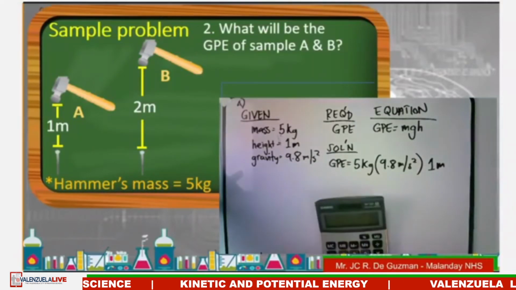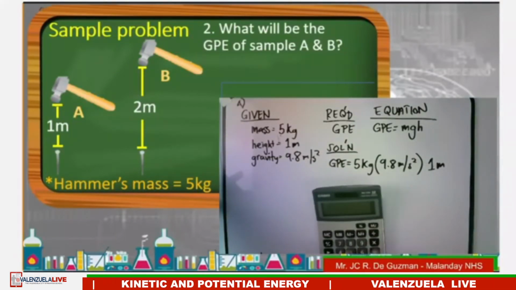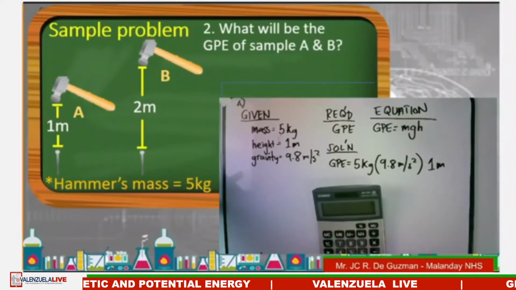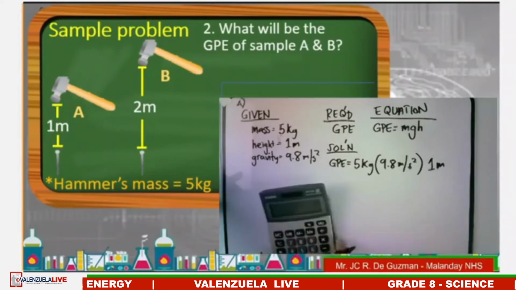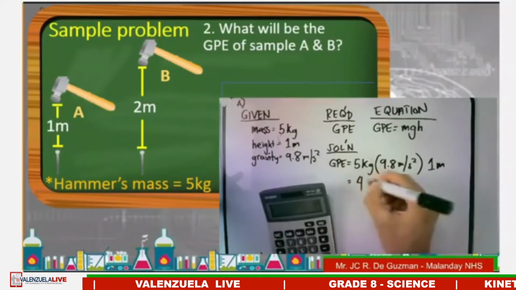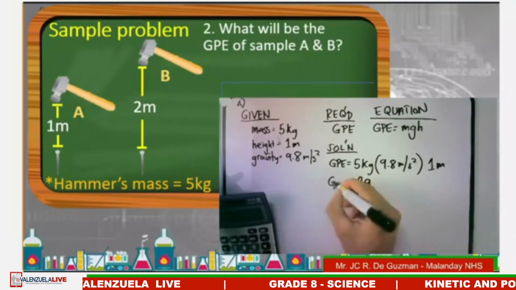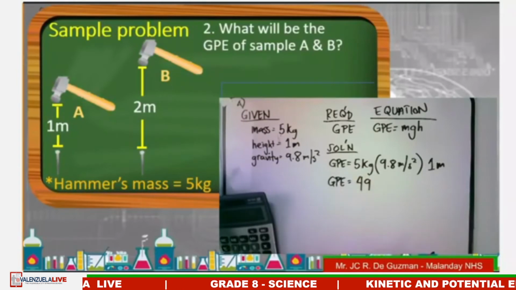So let us calculate. 5 kilograms times 9.8 times 1 would give us the answer 49 as the value for the gravitational potential energy.